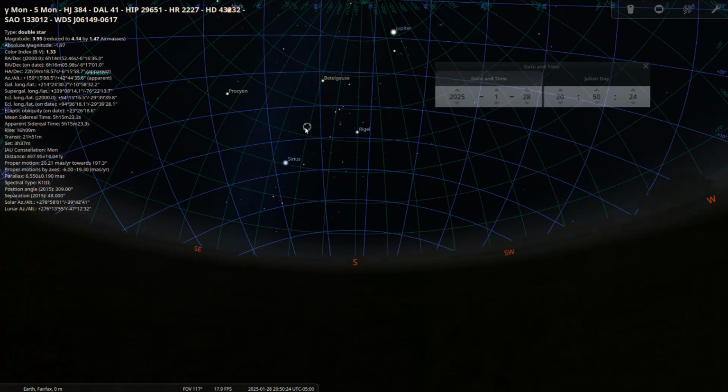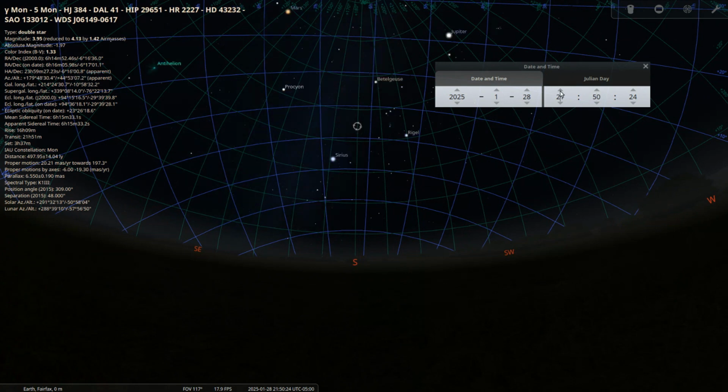This star, Gamma Mon, has a right ascension of 6 hours, 16 minutes. So if I were to go over here and I were to advance the time by 1 hour, lo and behold, the star is now at the meridian.